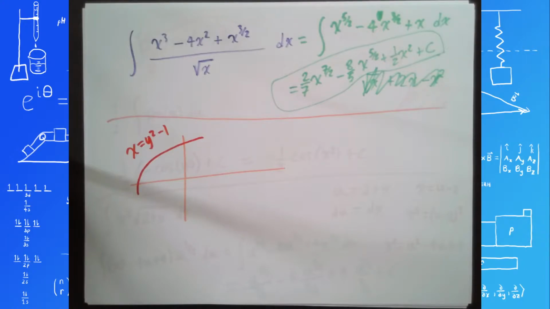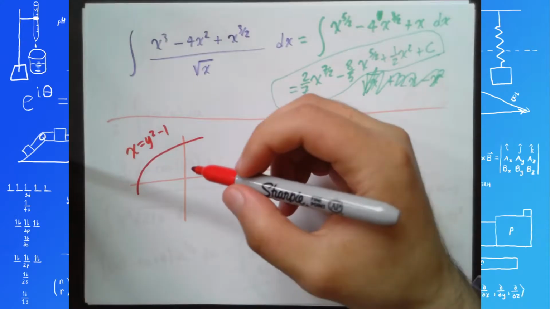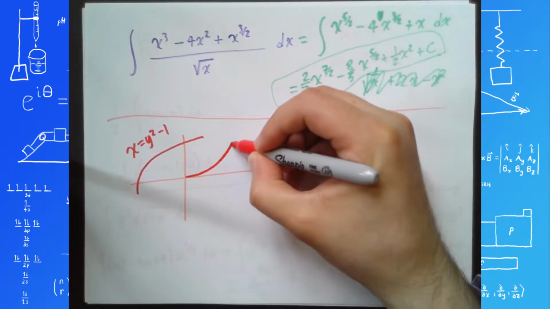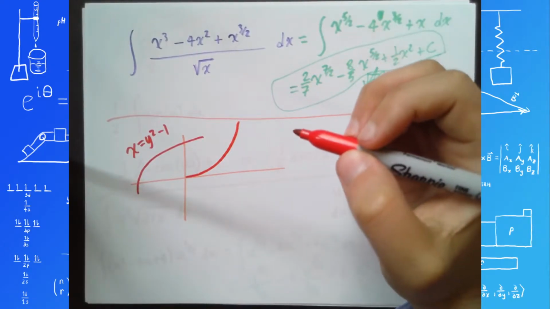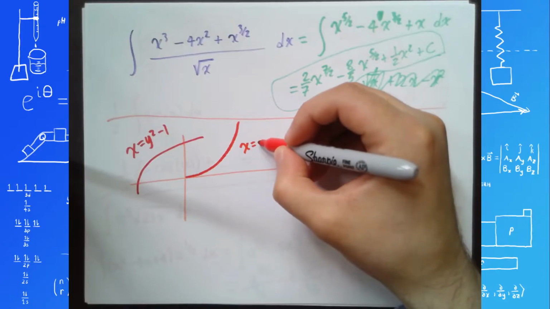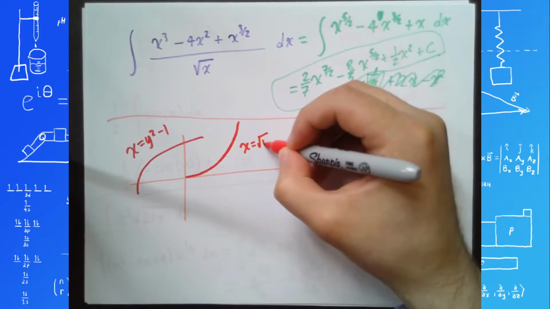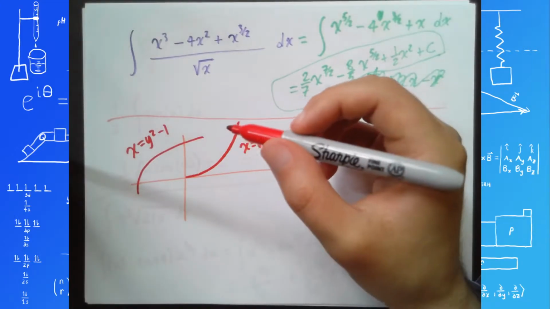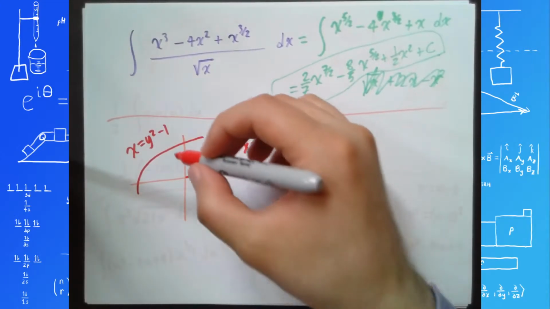And then there's another curve that looks like this, and it's described as x equals square root of y. And then we've got the line y equals 1.